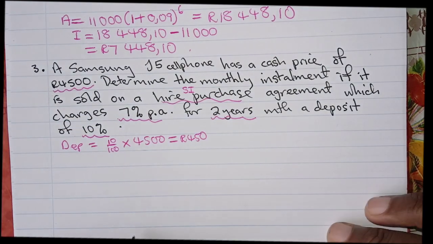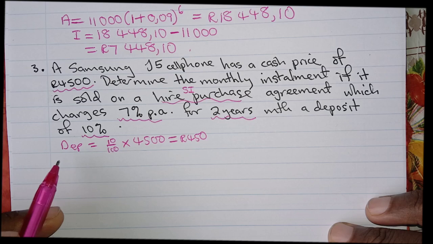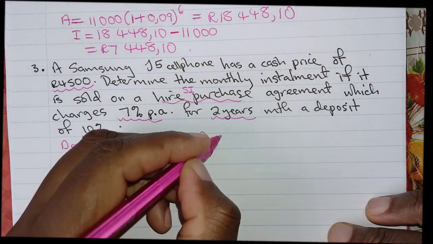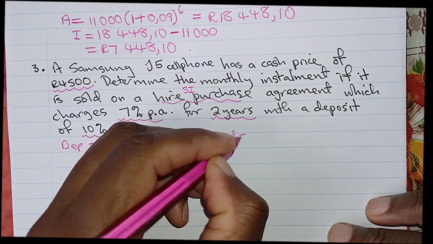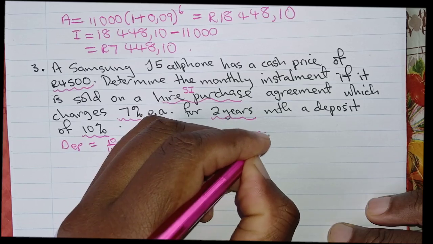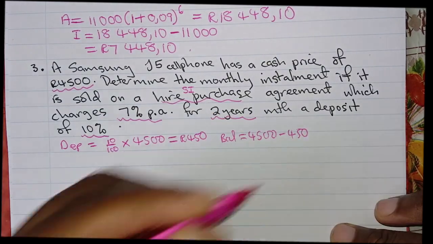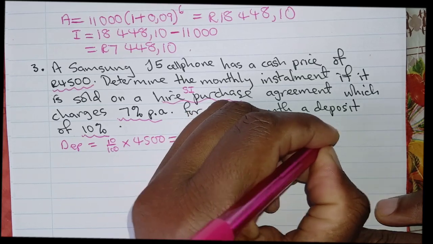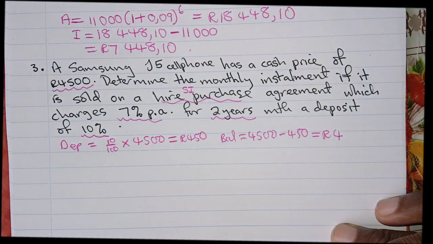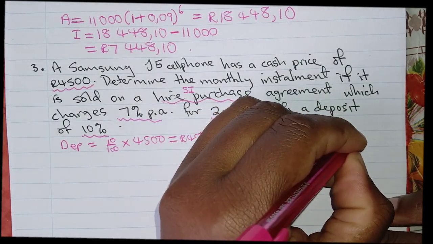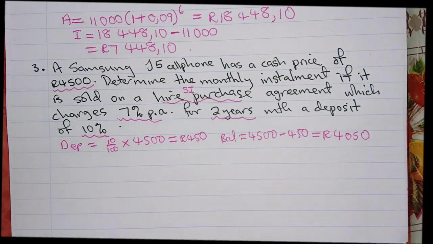And then your balance we are now saying is equal to 4,500 minus 450 rand, and this gives you 4,050.